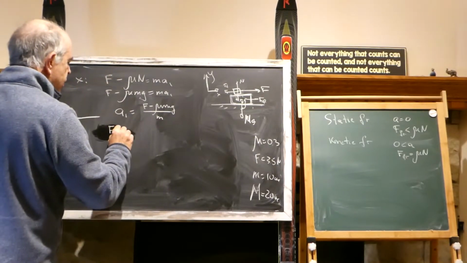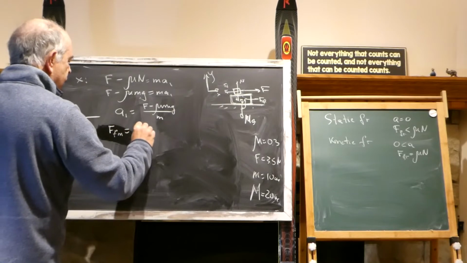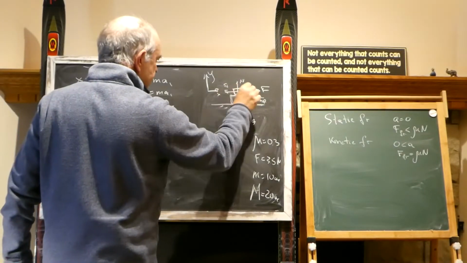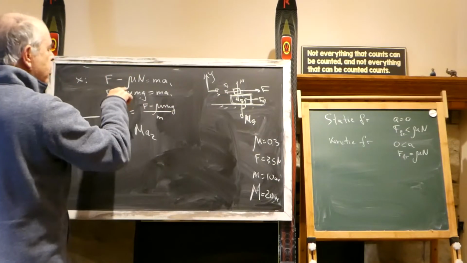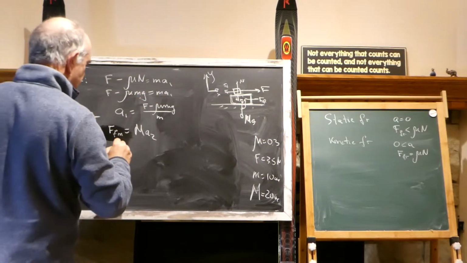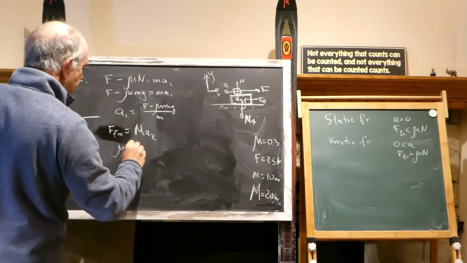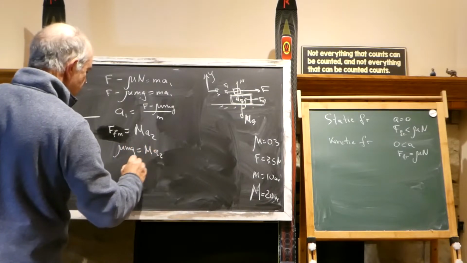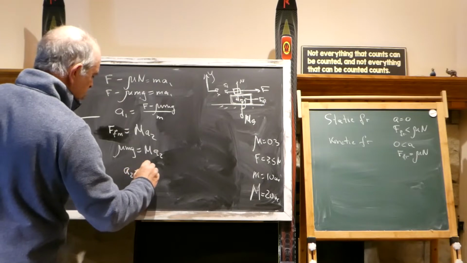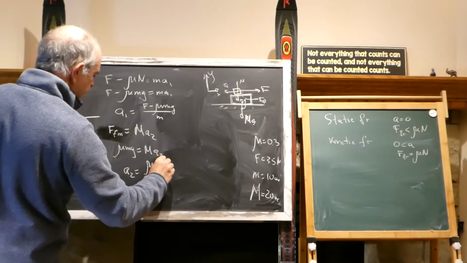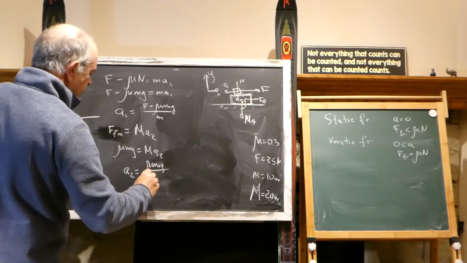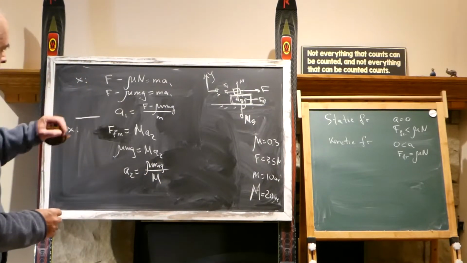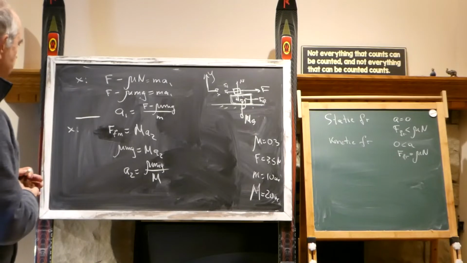F friction equals M, and I put a2. And instead of F friction, it is the same friction, which is mu N, which is mu mg, so mu m lowercase g equal M uppercase a2, and I immediately receive a2 equal mu mg divided by M, and this is a1 and a2.